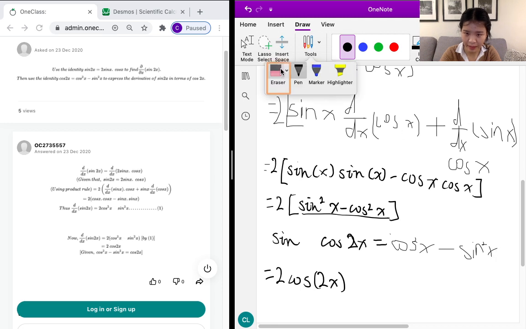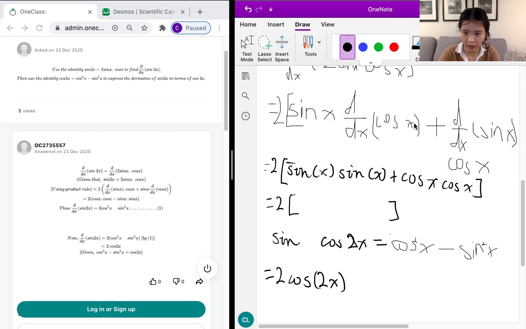And over here, the derivative of cos x is actually negative sine x, and the derivative of sine x is cos x. So we actually have a subtraction sign over here. And right over here, we have cos squared x minus sine squared x.